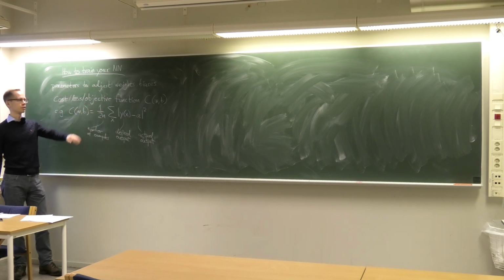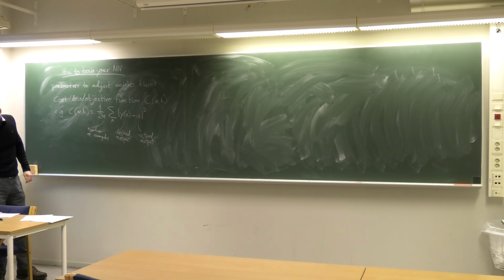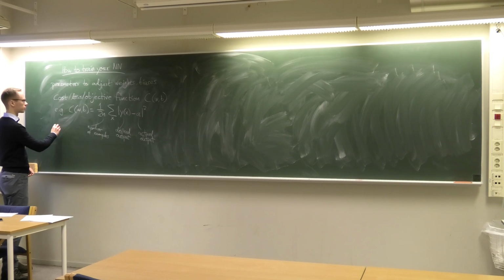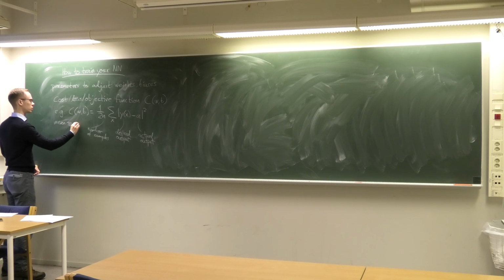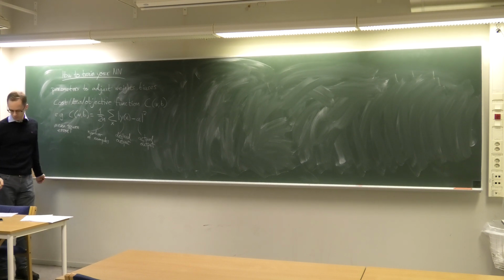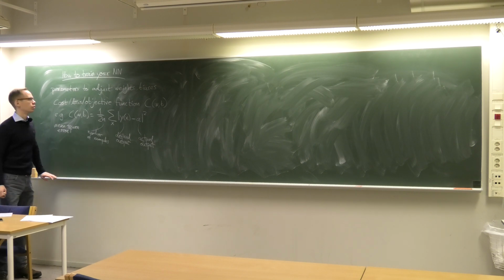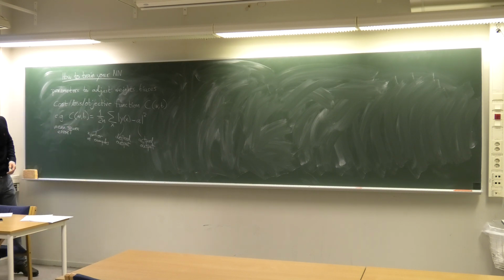So here you sum up the square of the deviations. This is the mean squared error. So we want to minimize this cost function; that corresponds to our network working properly.